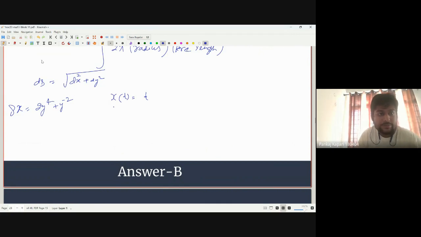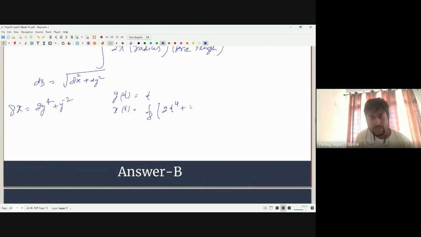Let's say y as a function of t is equal to t, then x as a function of t is equal to 1 by 8 times, because y is equal to t, so instead of y here we can write t. So we are parameterizing it, but one of the parameters is this constant identity function. So y of t is t, and x of t is 1 by 8 times 2 times t to the power 4 plus t to the power minus 2. So this is the parameterization of this curve.